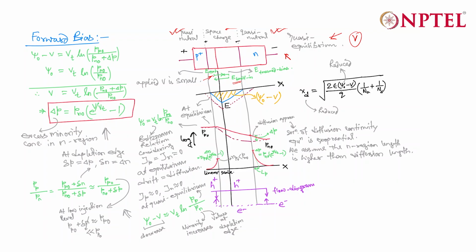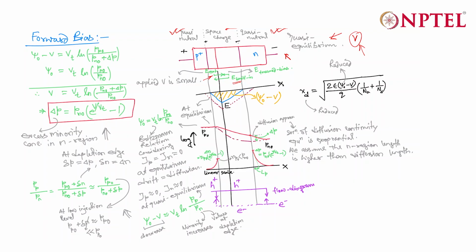Now, as you have considered that the external voltage is very small, you also can assume that the field due to external voltage will be smaller than the built-in electric field.